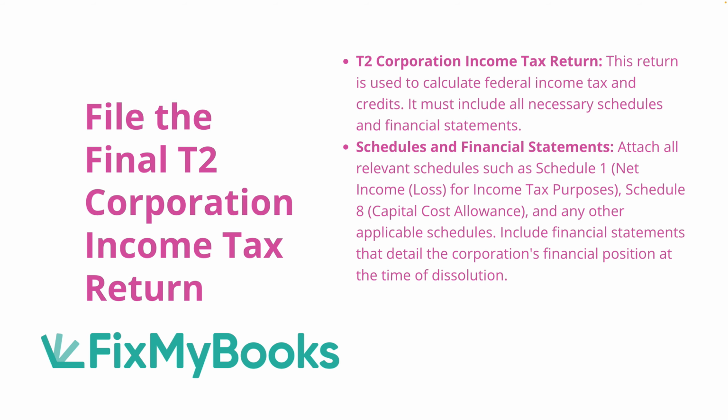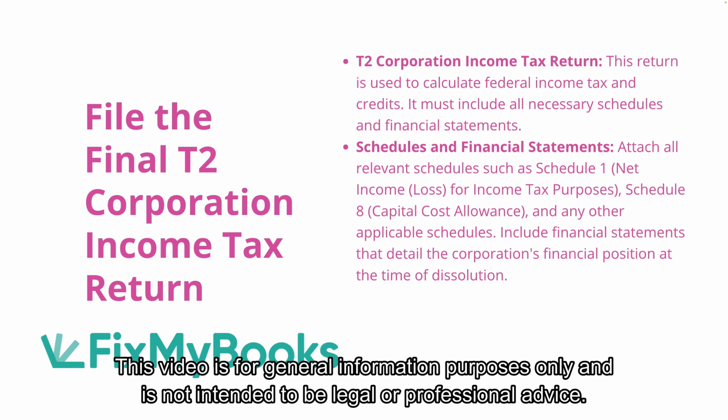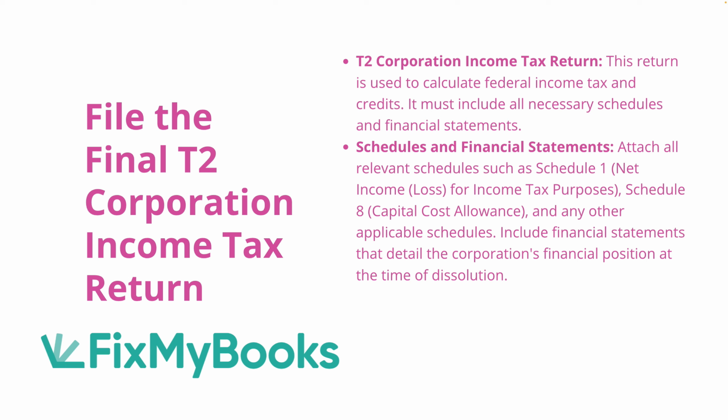Make sure you attach all relevant schedules such as Schedule 1 and Schedule 8. If you're familiar with capital cost allowances, that's your depreciation. Schedule 1 is basically the net income and loss calculator of the tax return. Then include any financial statements that detail the corporation's financial position at the time of the dissolution, if necessary.